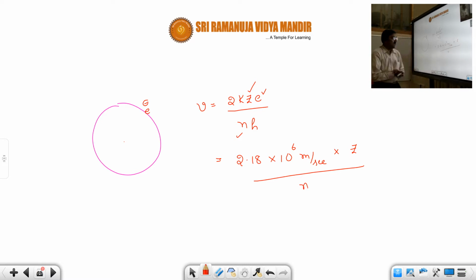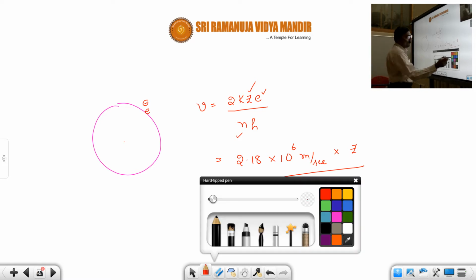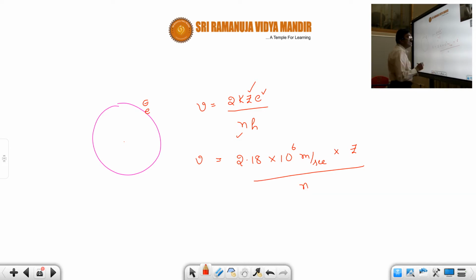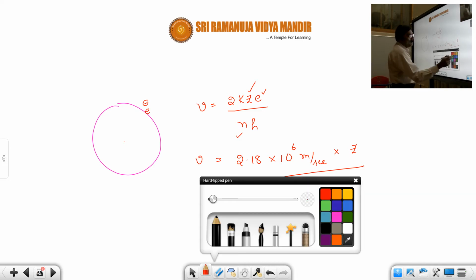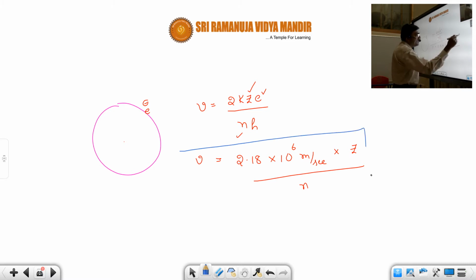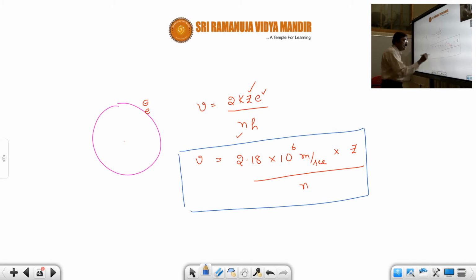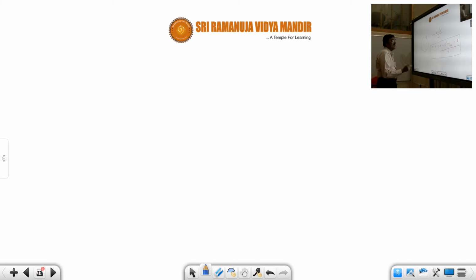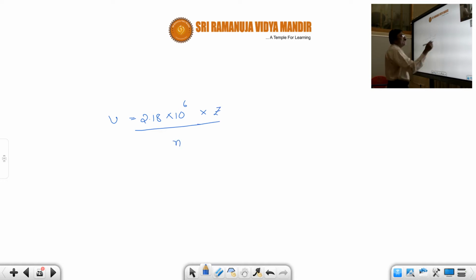Try to understand, students. You have to memorize this at any cost. The students are expected to memorize this expression. Now from this expression you can see very clearly velocity is equal to 2.18 into 10 power 6 into z by n, meters per second.